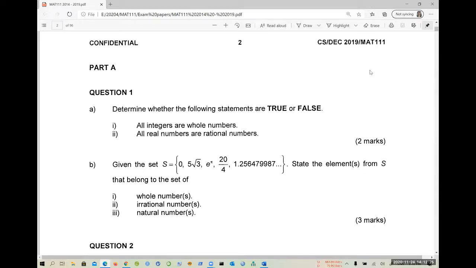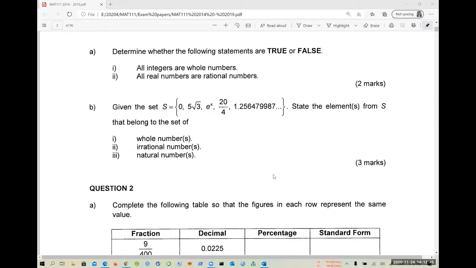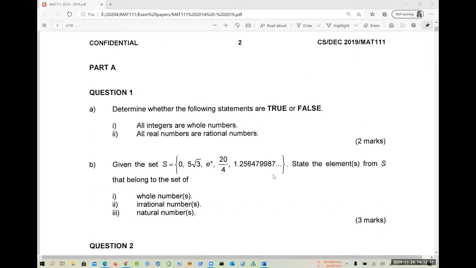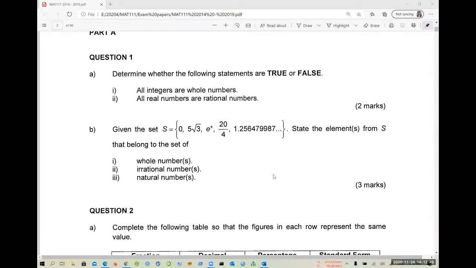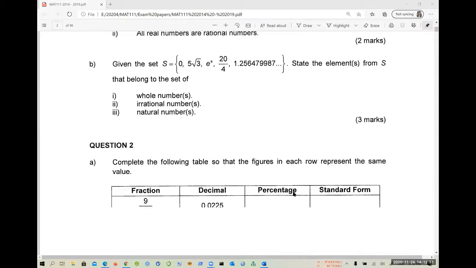Any questions on this one? So if you want to ask, you can just type over here. Okay, so that means you don't have any questions related to the real number system. So I hope everything is okay on that one.